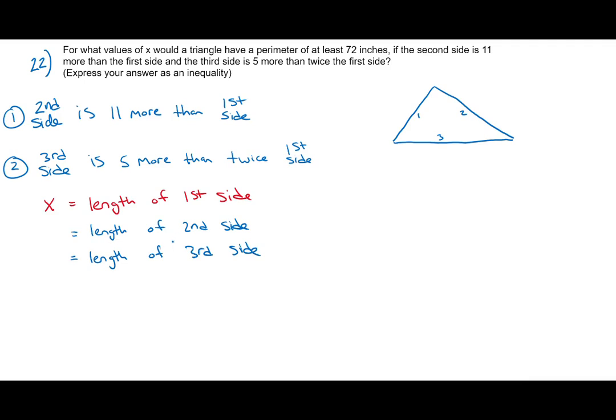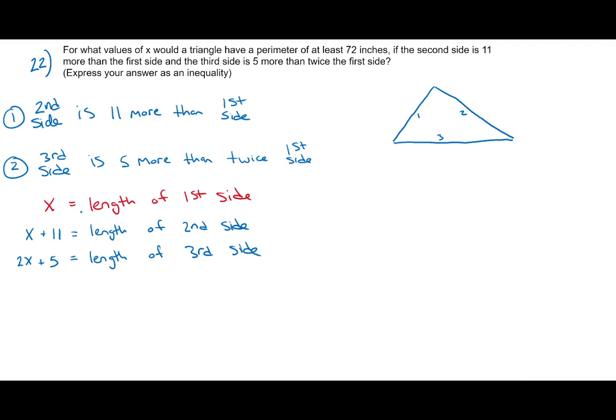So the length of the second side is 11 more than the first side. So we could take the first side and add 11 to it, and that will give us the length of the second side. And then the second statement, the third side is 5 more than twice the first side. So twice the first side will be 2x, and then 5 more than that, so we'll add a plus 5.